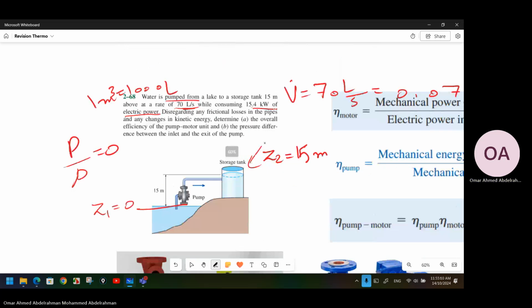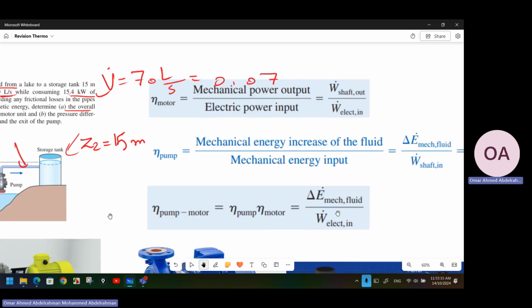So I have the shaft work and the electrical power, disregarding any frictional losses in the pipe or any change in the kinetic energy. You will assume that kinetic energy is very low and ignore it. The friction between the fluid and the pipe connecting the pump and the storage tank, they will ignore it. So determine the overall efficiency of the pump. The overall efficiency of the pump has this equation.